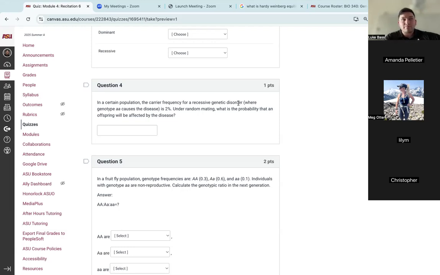Definitely. Are you talking about the Hardy-Weinberg formula, that's p squared plus 2pq plus q squared equals 1? Let me stop sharing this real quick and pull up the slides.